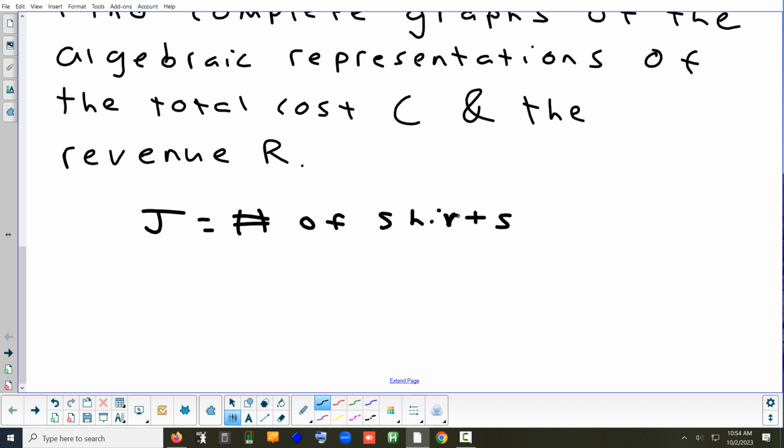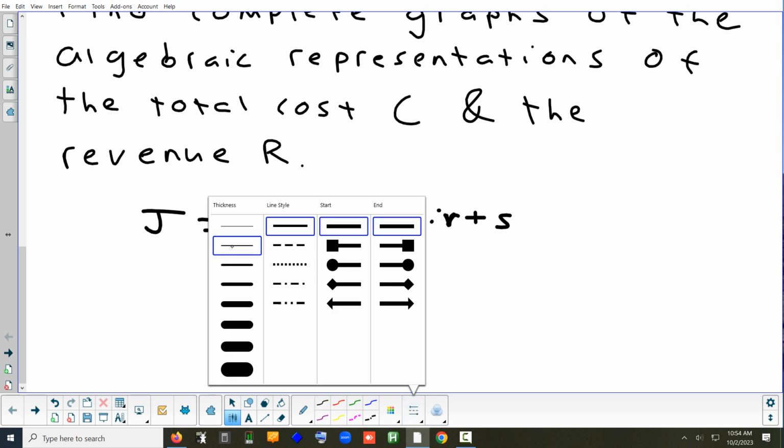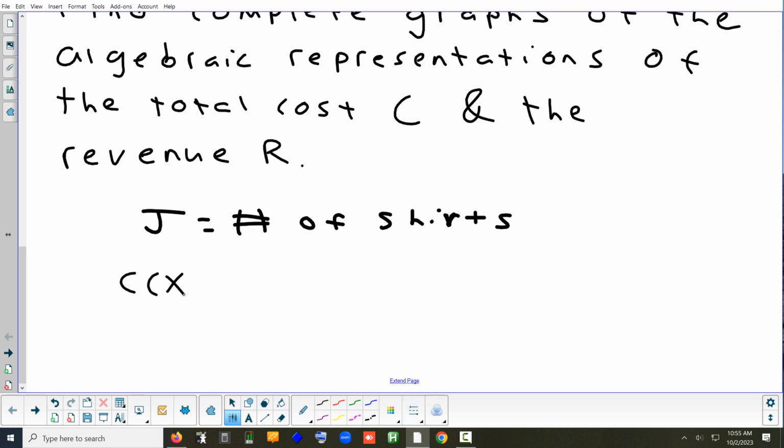So we got to first come up with a formula for cost. And when they ask for cost, it's the total cost, the fixed and the variable, all in one formula. Anyone think they could give me a formula that would represent the total cost for this company?